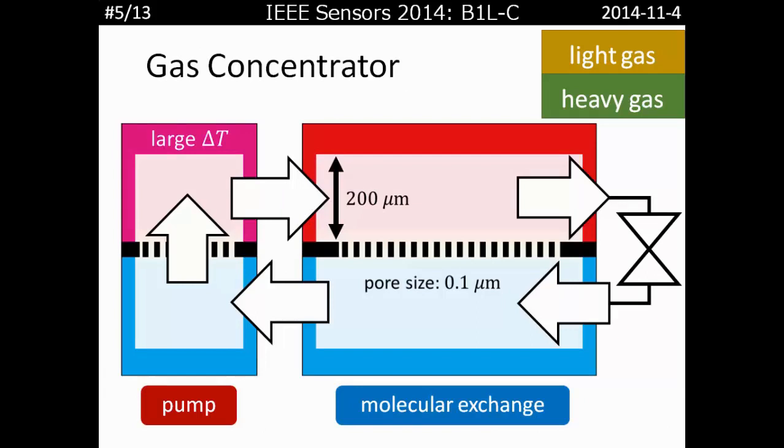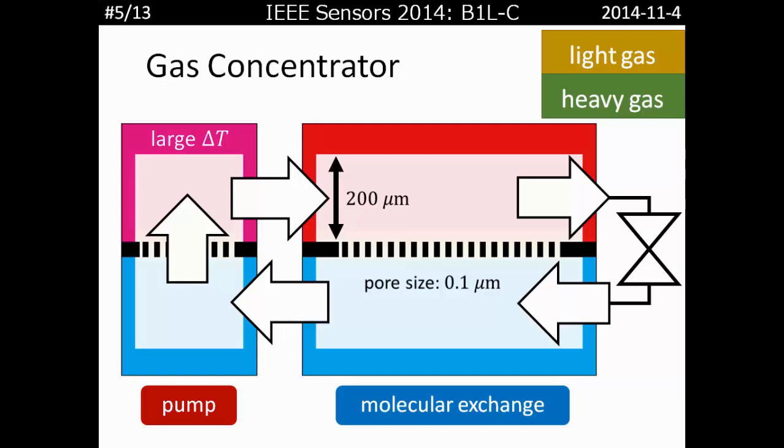Our design consists of three parts: a pump, a molecular exchange part, and a valve. These two parts have the same membrane whose pore size is around 0.1 micrometers. Then we arrange flow channels along the membrane whose width is 2,000 times larger than the pore size.